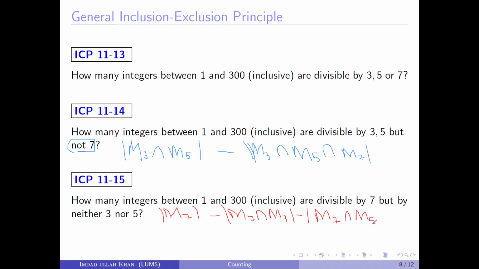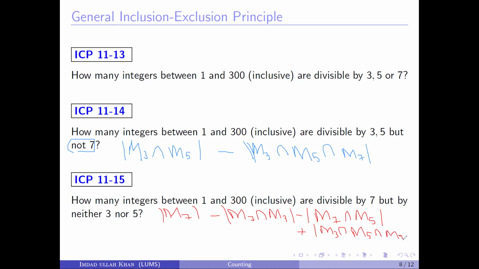Now, if you look at these two subtracted parts, there is a chance that we might have subtracted some elements twice. By twice, I mean the elements which are divisible by all three of them. So we need to put back those elements which are divisible by all three of them, M3, M5, as well as M7, because we have removed them twice.